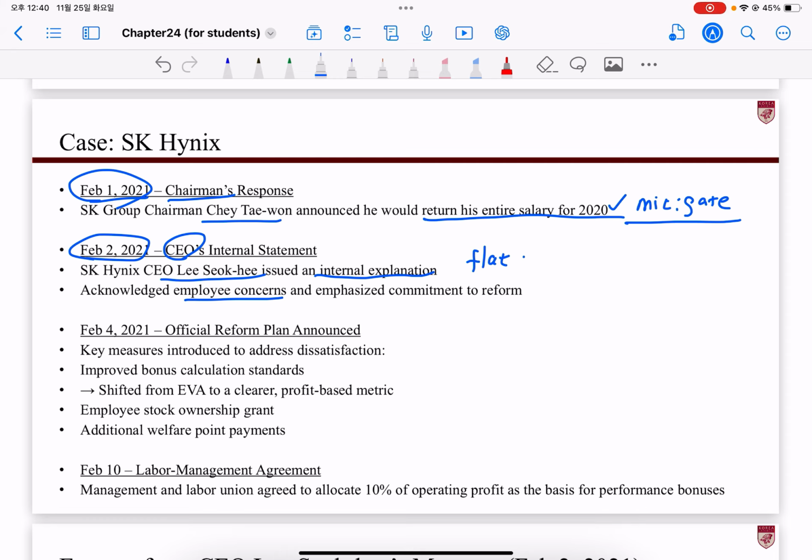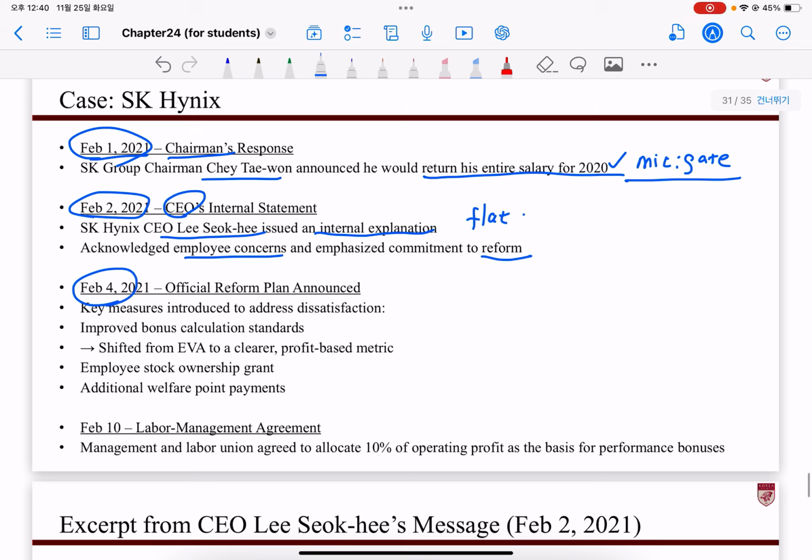So he said that they were going to make some reforms to how they pay performance bonuses at SK Hynix. And then 2 days later, the official reform plan was announced, saying that they're now going to improve bonus calculation by shifting from unclear calculation of EVA to a clearer profit-based metric.